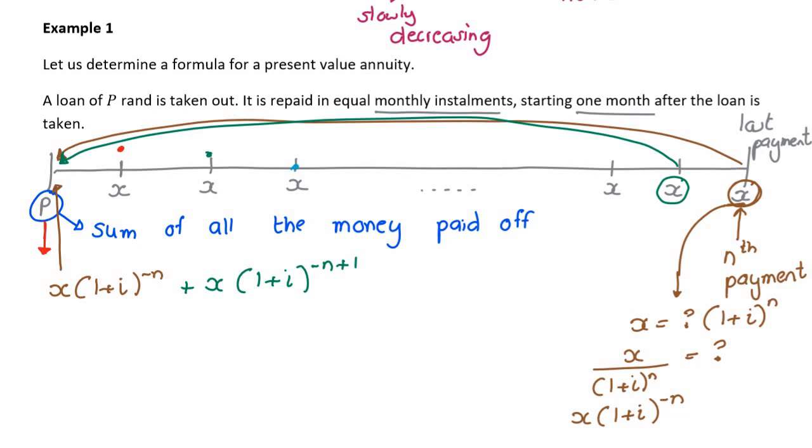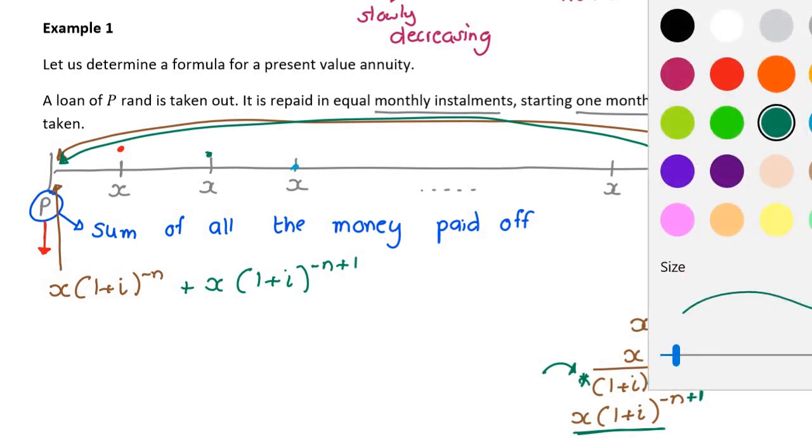Because if I doctor my formula, this would have been n minus 1, because it would be 1 less than n. So when I bring it to the top, this actually becomes plus 1. So remember, negative n would be, like, negative 20 if it was 20 payments. Now I want this to be negative 19, so I'm actually adding 1.